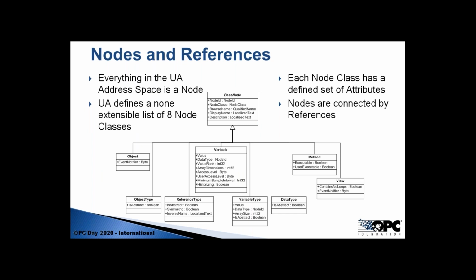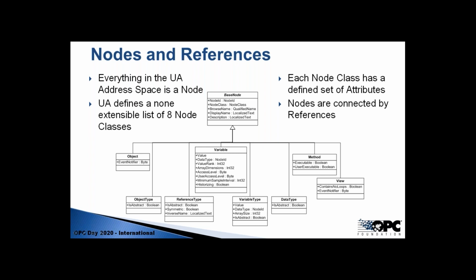Everything in OPC UA is based on nodes and references. So it's an object-oriented information model, and this is the base, let's say, the toolbox you have to describe your information. So everything in UA is a node, and UA defines an extensible list of 8 node classes.